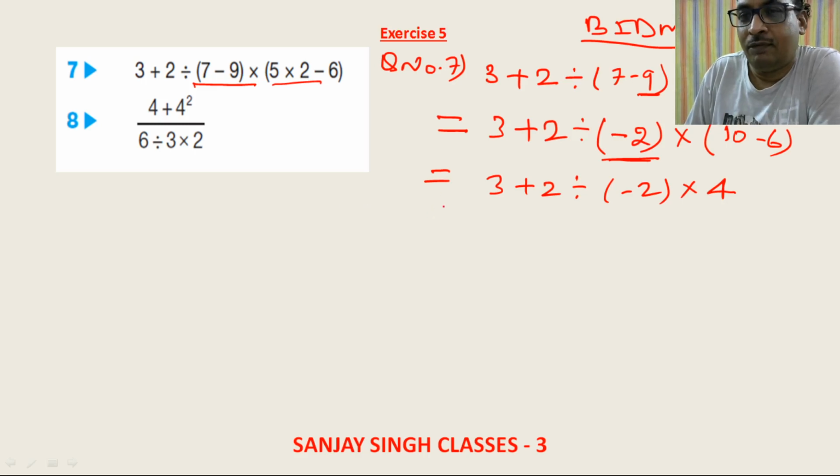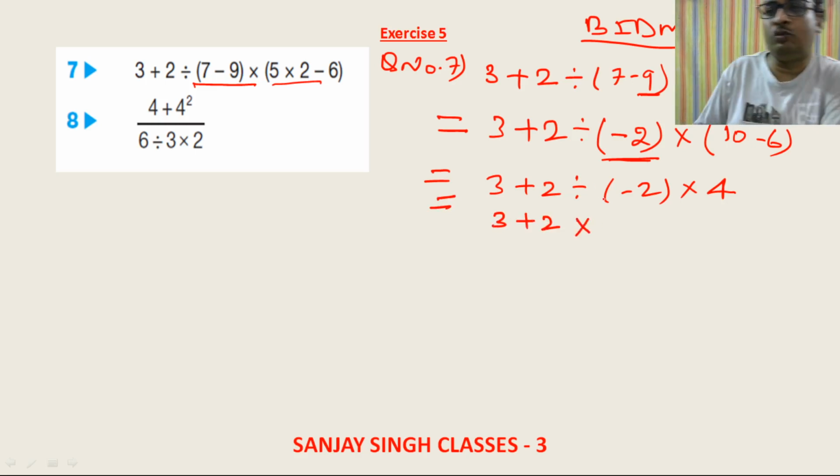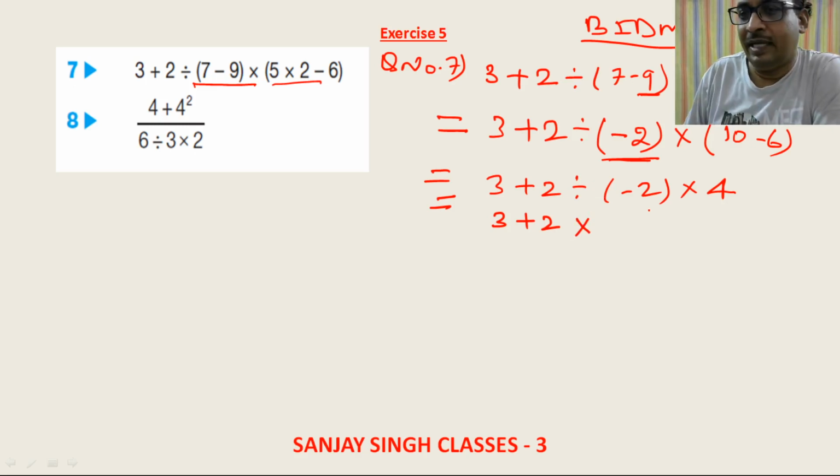Right. Further, so 3 plus 2 into, now division has to be given preference. And this minus 2 will become 1 by minus 2 and into 4 here. Right? Now this 2 and this 2 has got cancelled. Left with minus is still there.